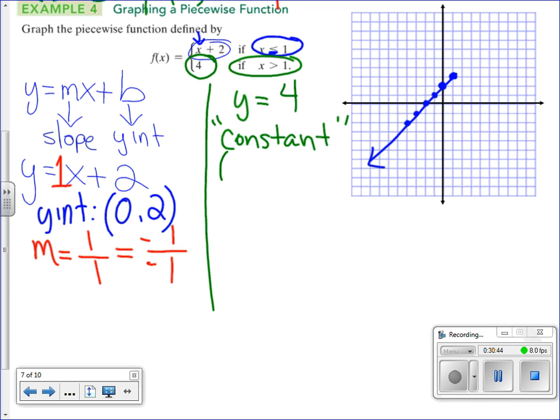We also know it as a horizontal line. And so that means that it doesn't matter what the x value is, the y value will always be 4. That's why it's constant, right? Now that interval goes for values that are greater than 1. So from here to here, we will have a horizontal line right at 4.